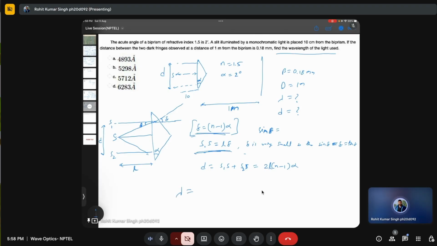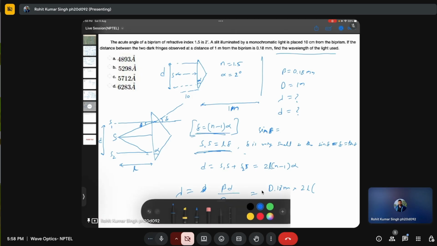We can calculate lambda using our formula. Lambda is equal to beta d by D. So beta is given 0.18 mm. d we have calculated as 2L(n minus 1)alpha. So n minus 1 is 1.5 minus 1. L is also given.